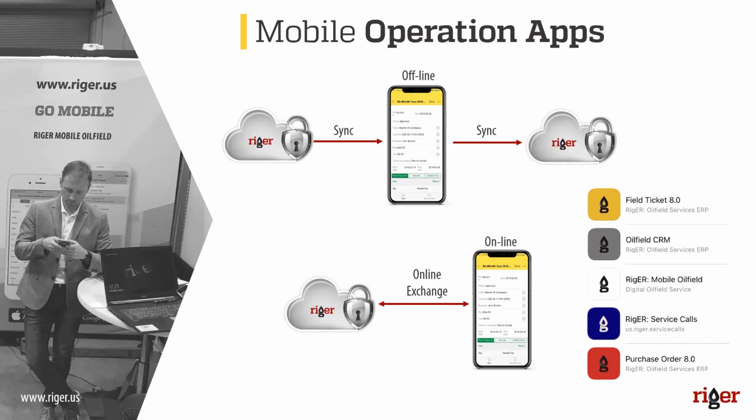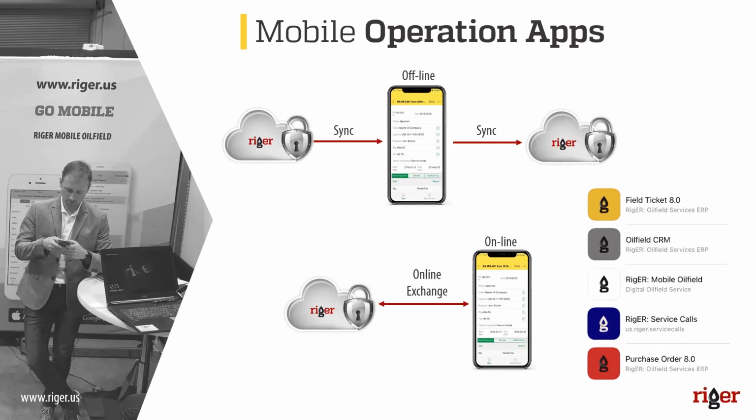For example, the field ticket application is the most used by the RigER customers and RigER users. The application with the yellow icon is designed for the field technicians who can receive their rental field ticket, service ticket in their mobile device and work with this information right on the screen of the mobile device.